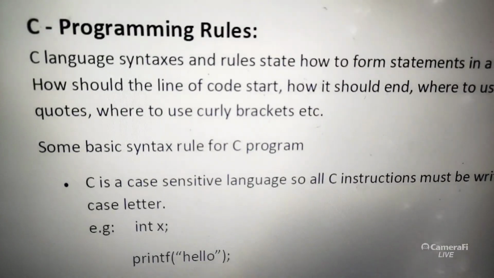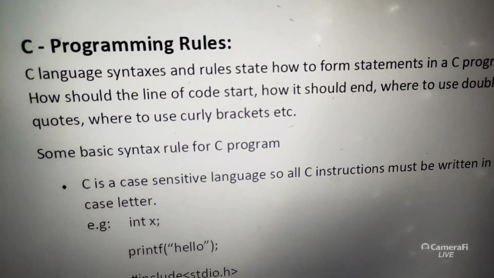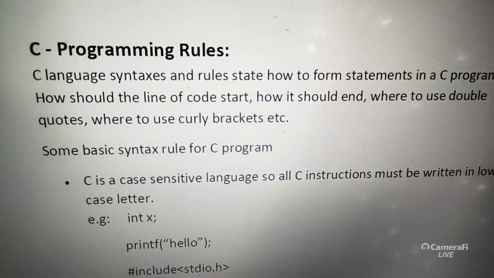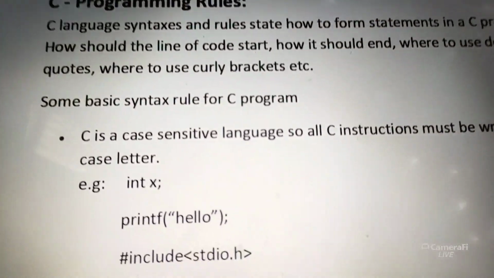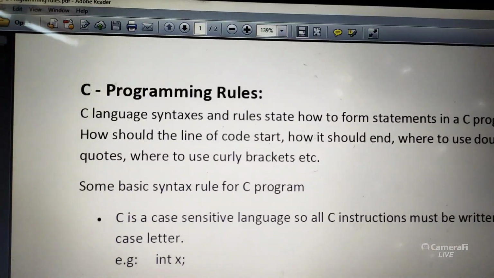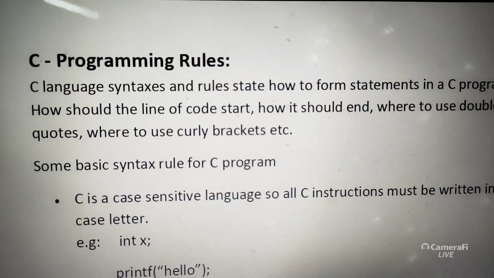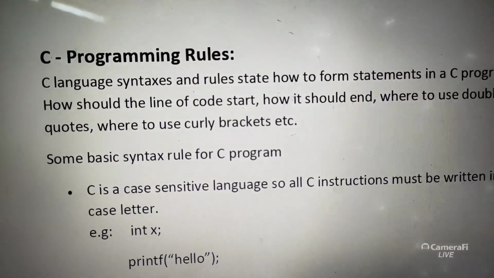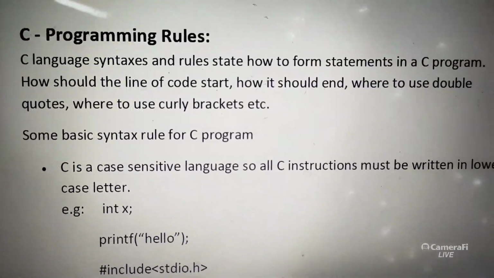There are syntax and rules, semantics, nothing but rules in a particular language. C language also has some syntax and semantics. Those syntaxes are helpful in writing the program. After the end of the first unit, you are able to write the programs directly.